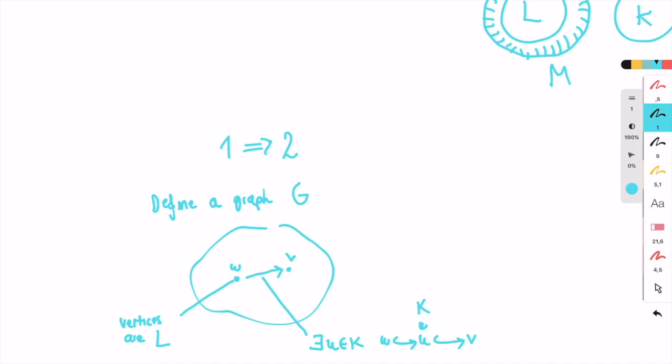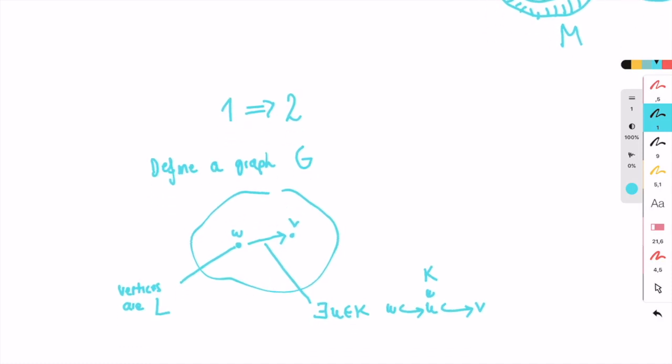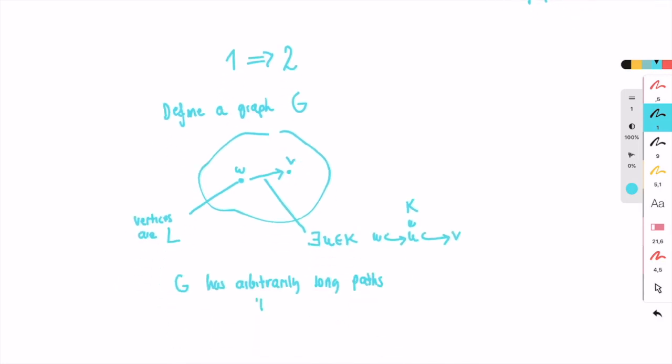Now, our assumption says that G has arbitrarily long paths. And we want to show that it actually has an infinite path.